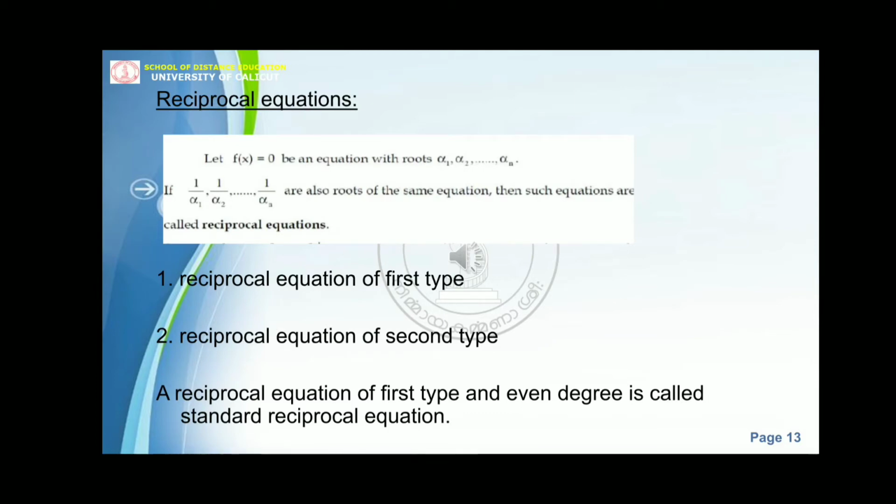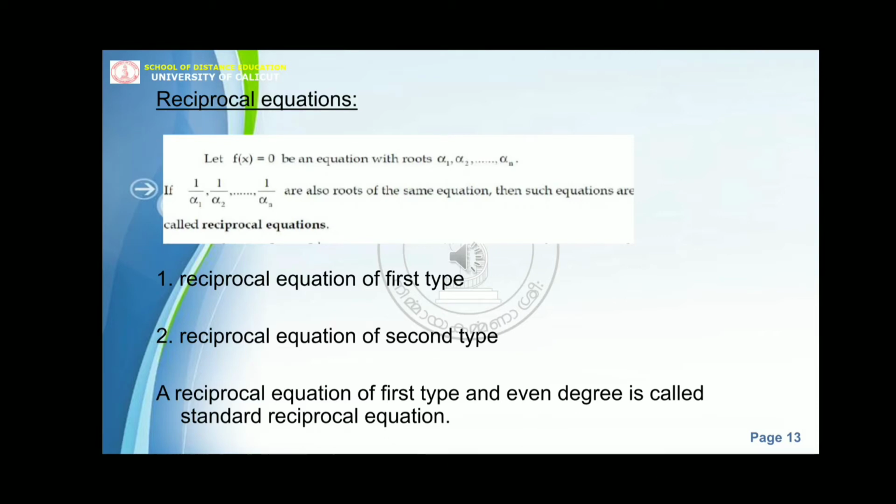Reciprocal equations. Let f of x is equal to 0 be an equation with roots alpha 1, alpha 2 up to alpha n. If 1 by alpha 1, 1 by alpha 2, up to 1 by alpha n are also roots of the same equation, then such equations are called reciprocal equations.